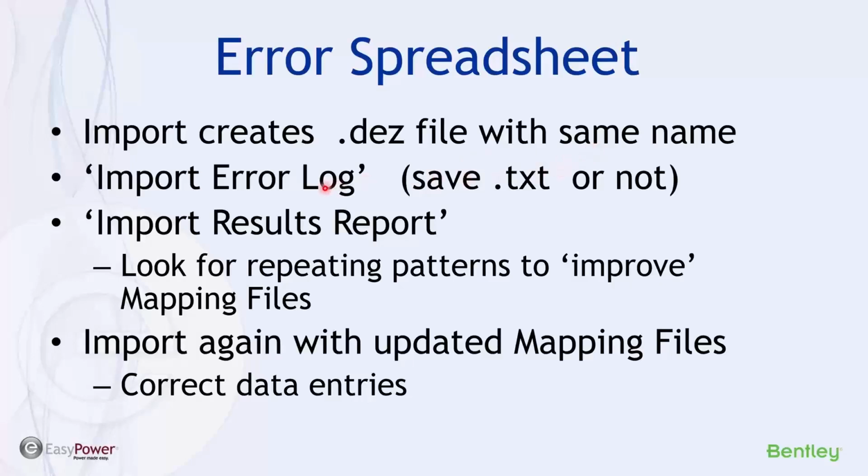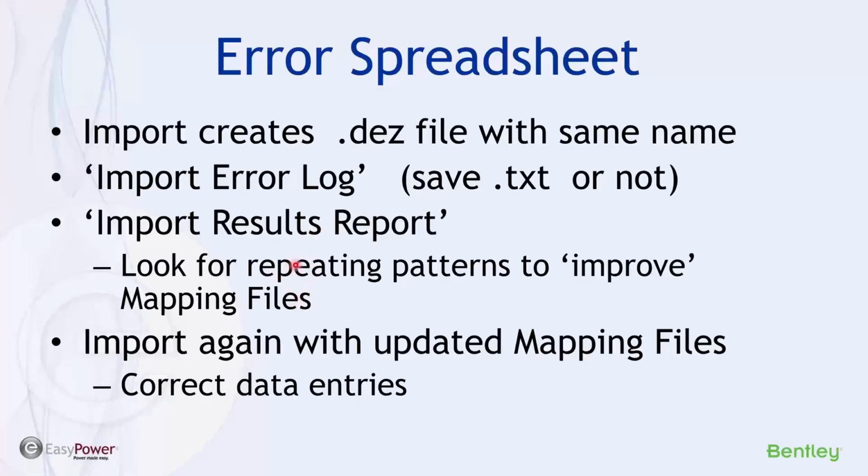It does create an error log, which you can save or not sometimes, and what we're looking for is a successful import of the data. But most of the time is going to be spent on analyzing the import results, which is a separate report that we can utilize then to reduce the errors and improve the mapping files.